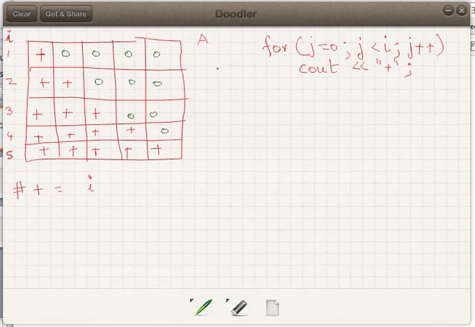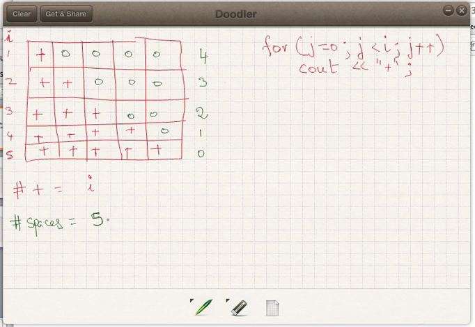So number of spaces, how many spaces do we have here? 4, right? 3, 2, 1, 0. So how do we come up with a formula now? We have the total number of columns as 5 in this case. In your case it is 10.